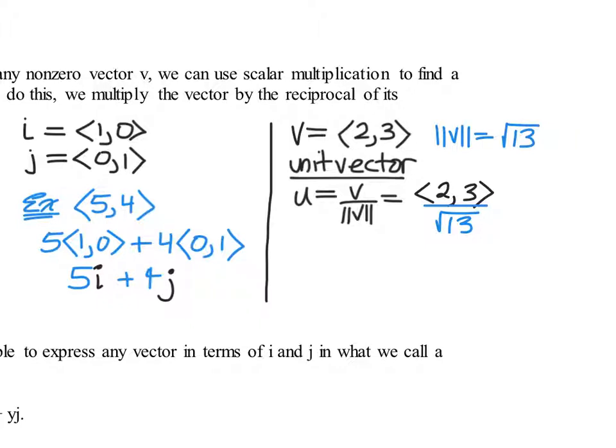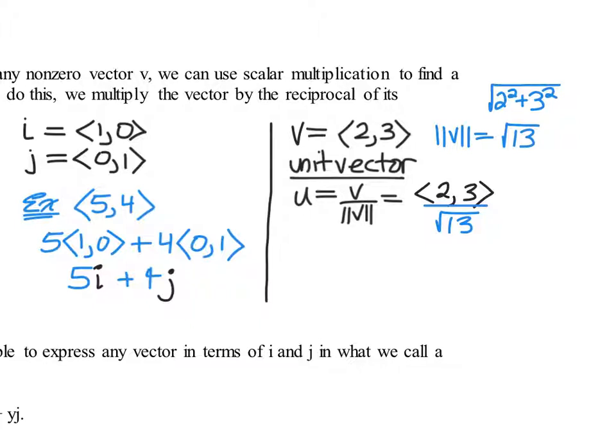All right, so it's Pythagorean. I'll just jot it off on the side. It's the square root of 2 squared plus 3 squared. So two components squared and added together. Basically the same formula as finding the r value to convert from rectangular to polar form.